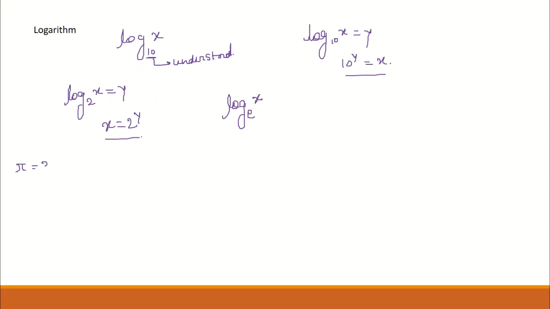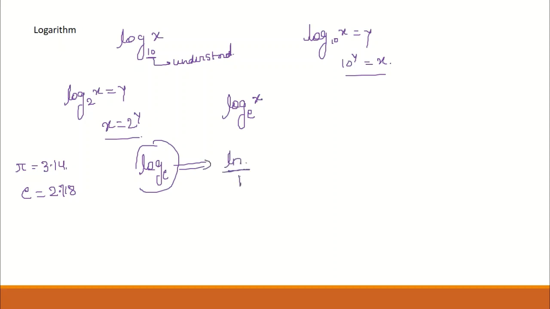Just like we had pi, whose value was 3.14, similarly we have e, whose value is 2.718. If it is log base e, then we can write it as ln.